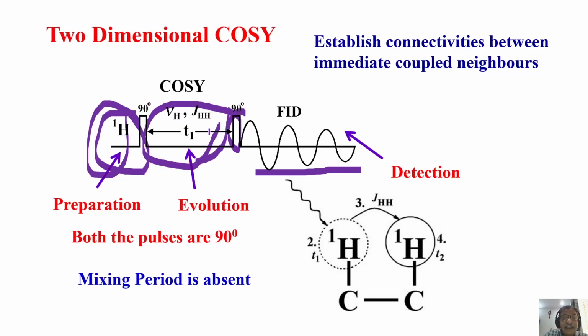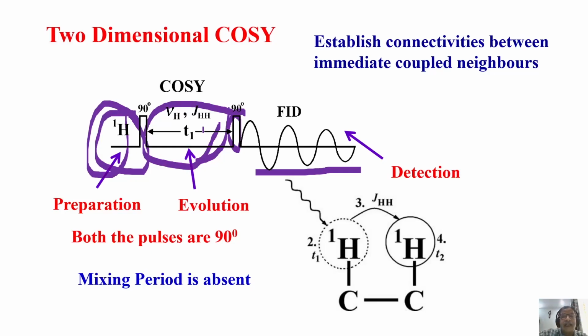Here we are varying the delay. Indirectly, I am creating a pseudo free induction decay, an oscillating damped signal that I collect as a function of t1. When I keep on increasing the delay t1, I keep on getting the FID and collect the signal.